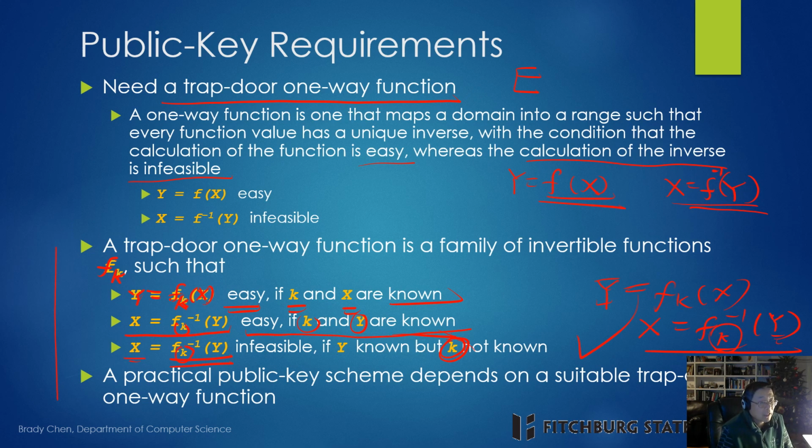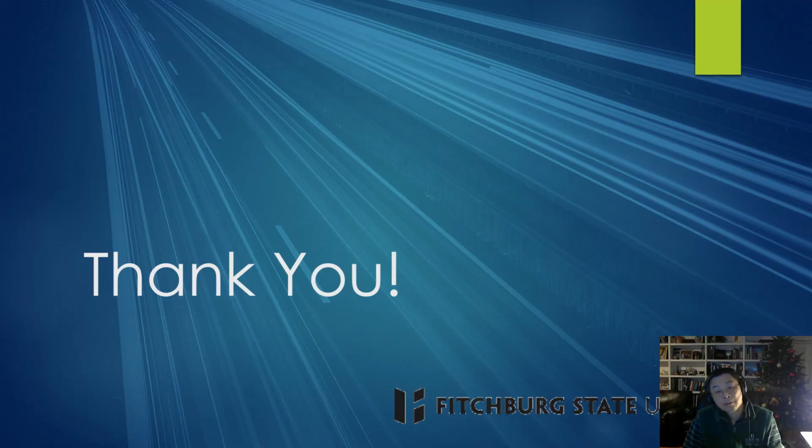Then we can create an algorithm that uses a one-way function to perform public key encryption and decryption. That's something we're going to talk about in part B. Thank you.